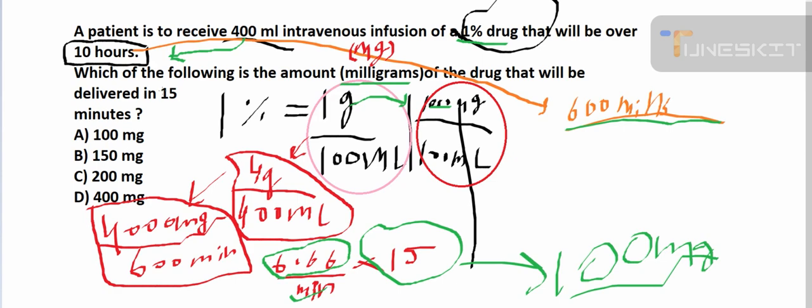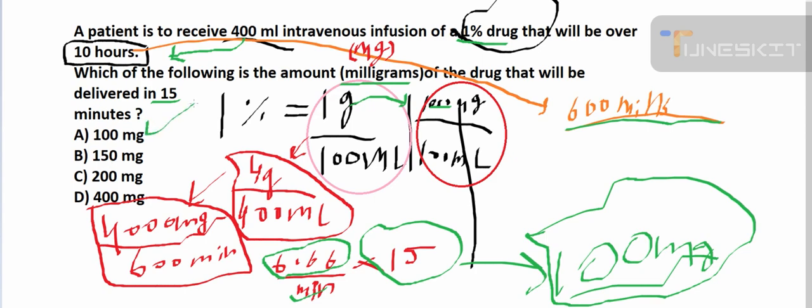He has asked how many mg for 15 minutes. We have calculated for 1 minute, so when we multiply it with 15, we get the value for 15 minutes. Multiply 6.66 by 15, and you will get the answer: 100 mg will be infused into the body in 15 minutes. So this answer will be correct.